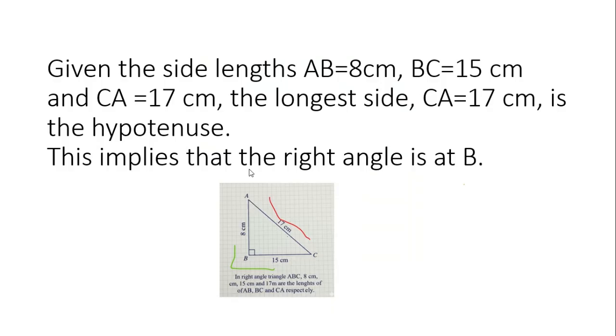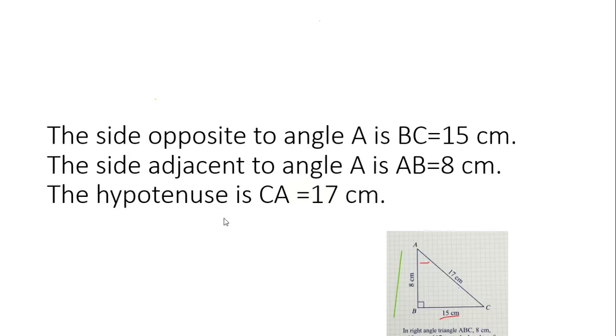Now, what is given here? AB is 8 centimeters, BC is 15 centimeters, and CA is 17 centimeters. The longest side CA is the hypotenuse. It implies that the right angle is at B. So the side opposite to angle A is BC, that is 15 centimeters, and the side adjacent to angle A is AB, that is 8 centimeters.